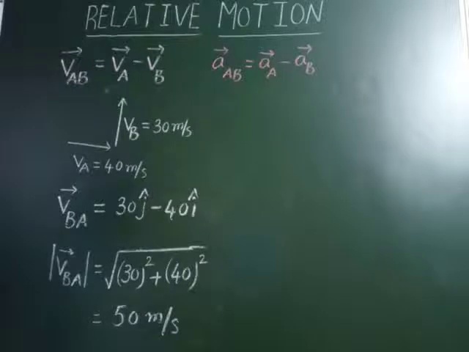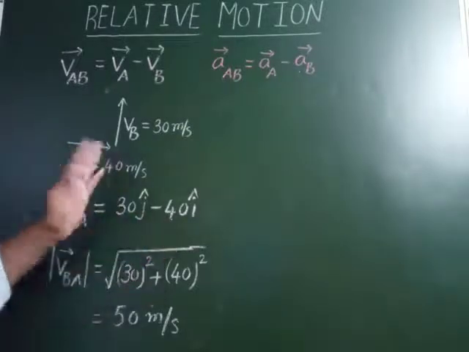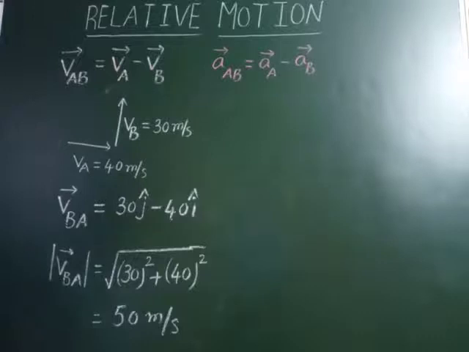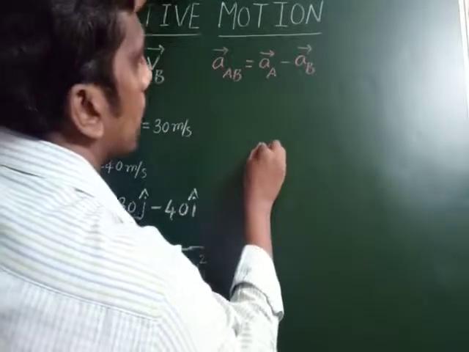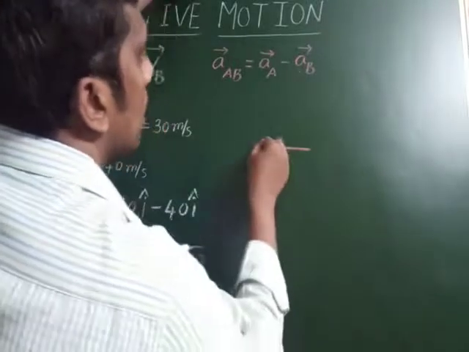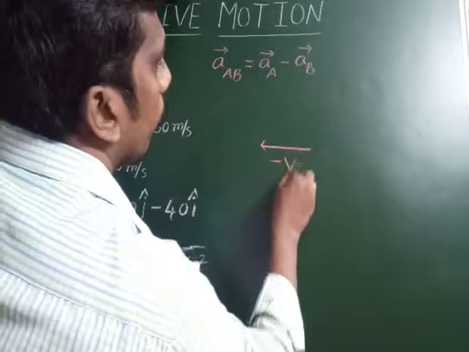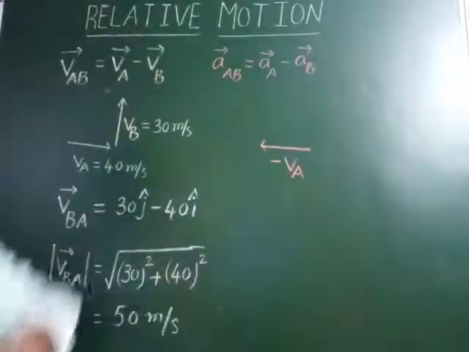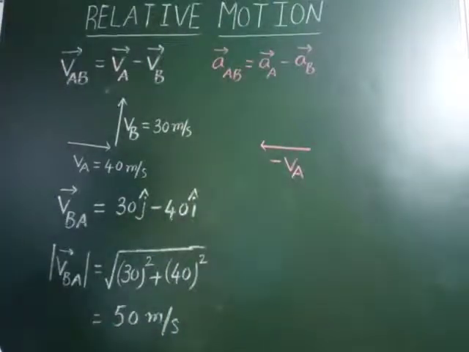What about direction? To get the direction of VBA, it is VB minus VA. That's why we are reversing the direction of VA. If you reverse the direction, then you get VA like this. This is the VA direction, minus VA. And VB is acting in the vertically upward direction.